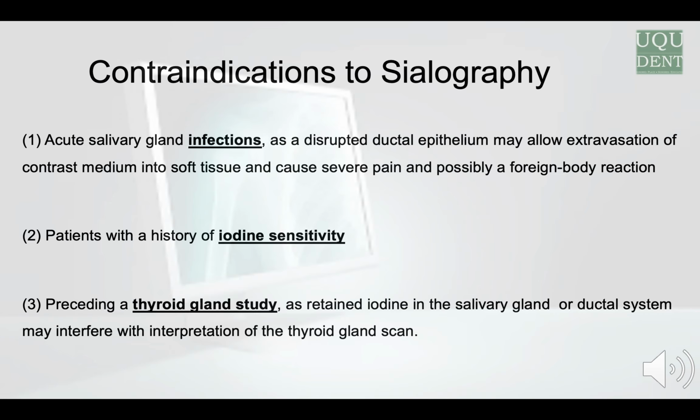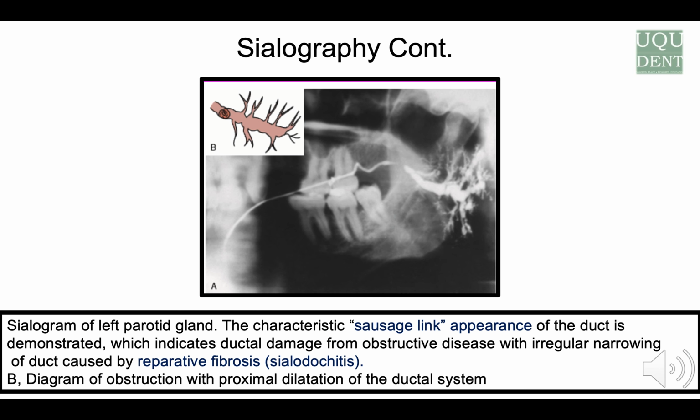The second one is when the patient has a history of iodine sensitivity, because the contrast media contains iodine. The third contraindication is when a patient will go for a thyroid gland study, because the iodine in the salivary gland or the duct system will interfere with the interpretation of the thyroid gland scan.